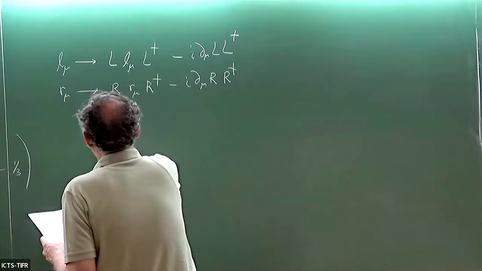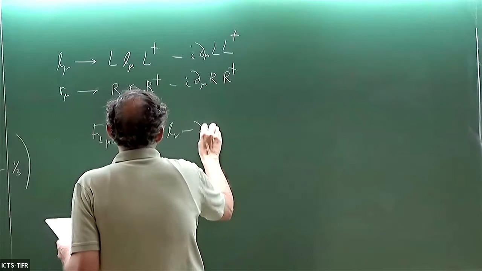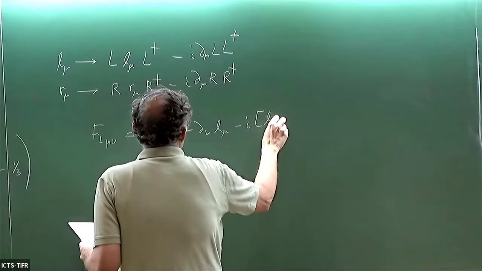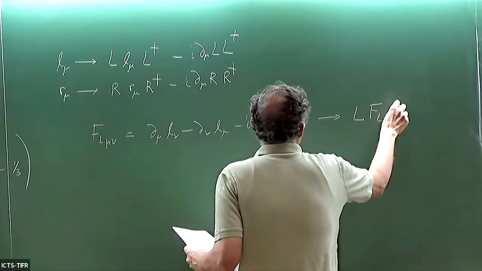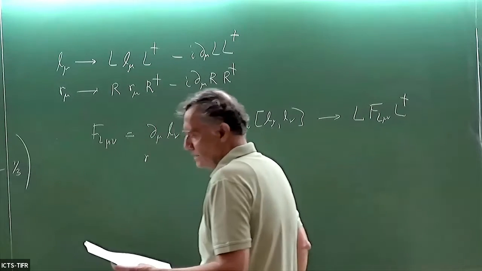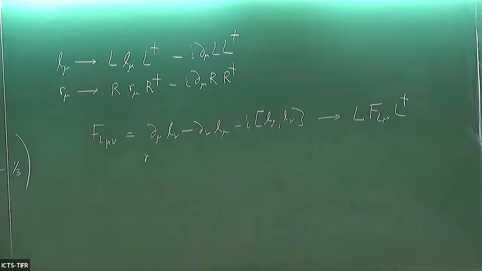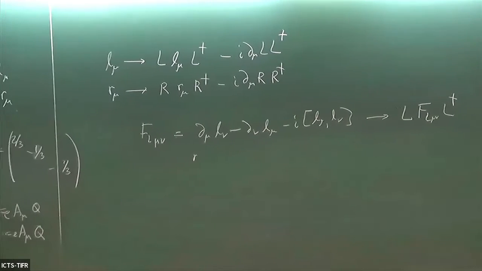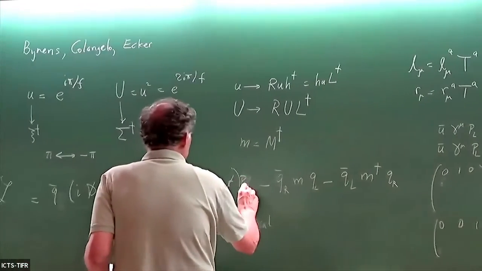Maybe I should say, so F left mu nu, the field strength tensor, is d mu L nu minus d nu L mu minus i commutator of L mu and L nu, and that transforms to L F left mu nu L dagger, and similarly for R. Okay, now I prefer this way, but the way this was originally written was in terms of vector and axial, so I can take this Lagrangian, delete the L, and put a P left here, and delete the R, and put a P right here.